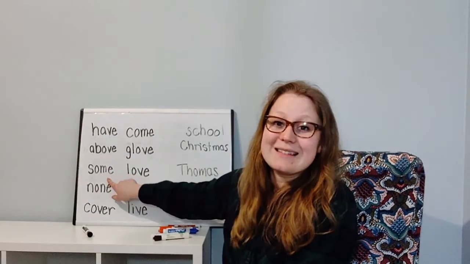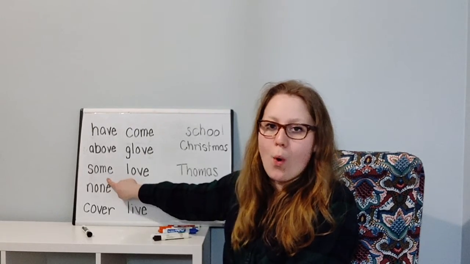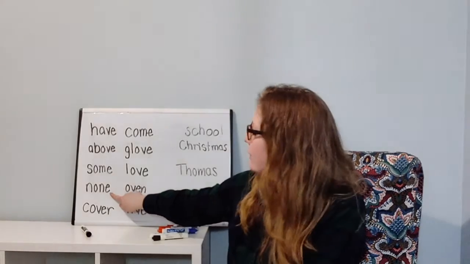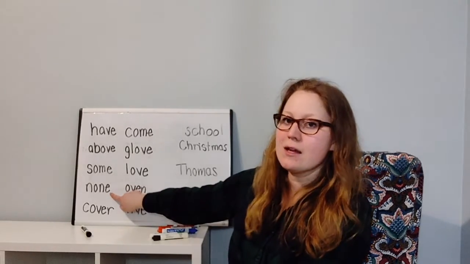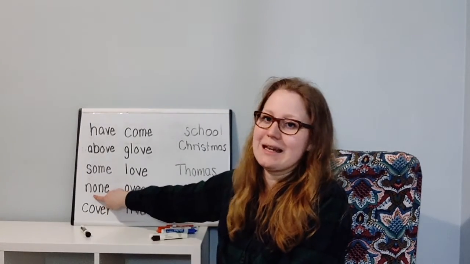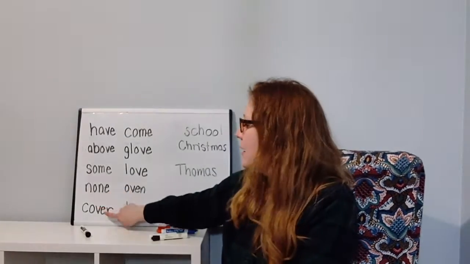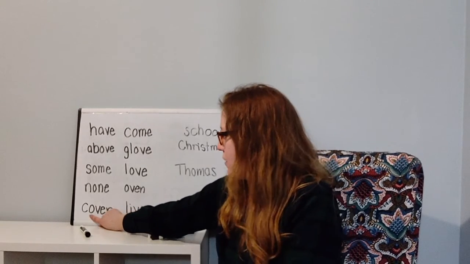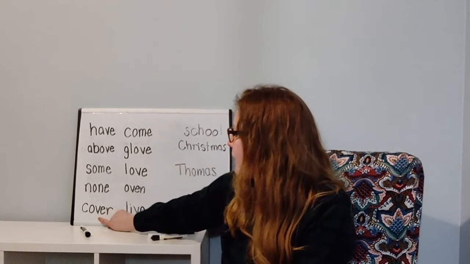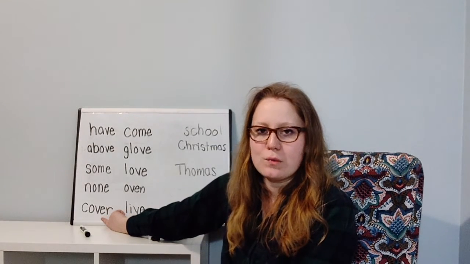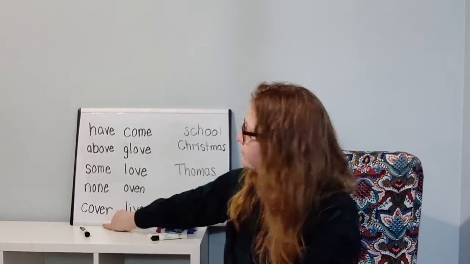We say the word as "sum," not as "soam." Same thing, none. We read the word as "nun." The E is not making the O say his name. We don't read it as "known." Another one is cover. Normally the E would make the O say his name, but we don't read it as "cover" with a long O. We read it as "cuver."